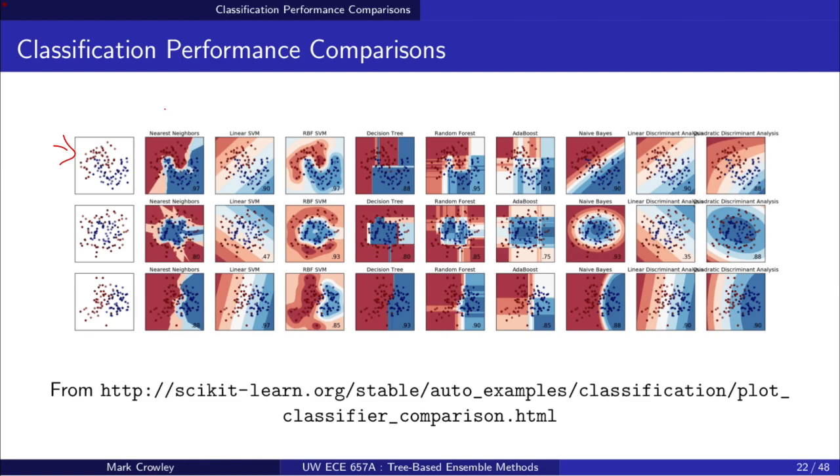So here we've done nearest neighbor, decision tree, random forest, Adaboost, naive Bayes, and these ones we'll do next week.